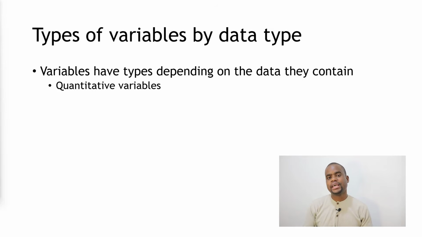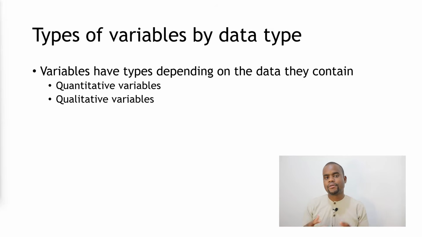An example there is going to be age. If you're asking how old are you, and you were expecting the responses to come in the form of numbers or in the form of a number of years, then that is called a quantitative variable. On the other hand, we have qualitative variables.